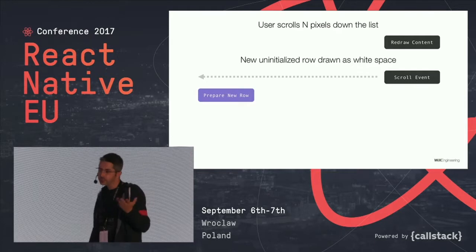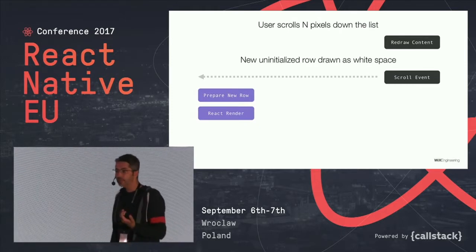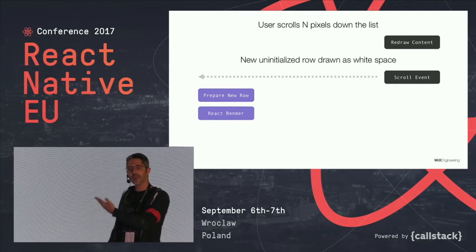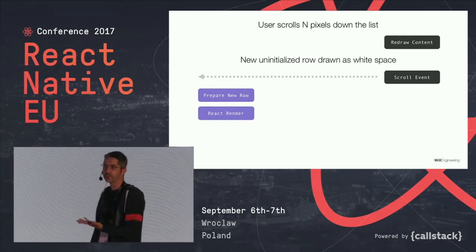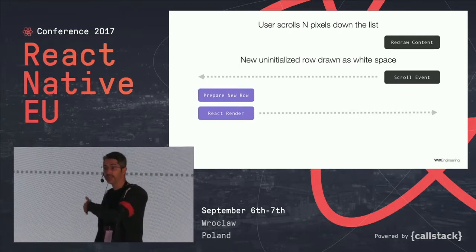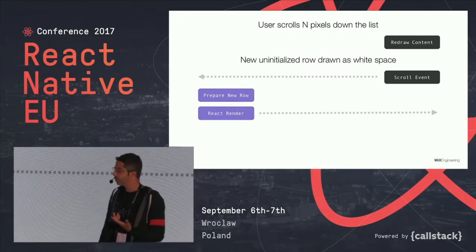So once the JavaScript is free to handle, it will prepare the new row. React will render the new row. And once again, like Emil showed, the rendering doesn't do anything. It's just a series of imperative commands that go back over the bridge because the views themselves are native. So this has to be sent again, and then you have to wait until the native side is free to handle this because everything is asynchronous.